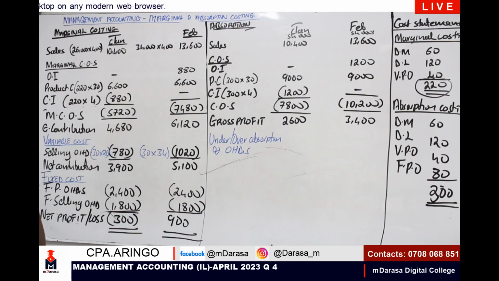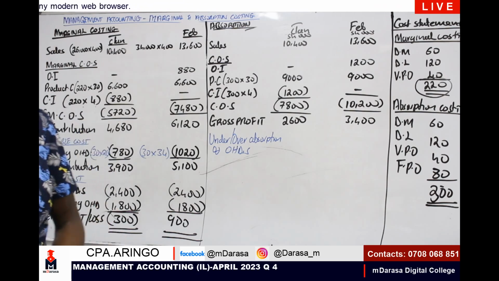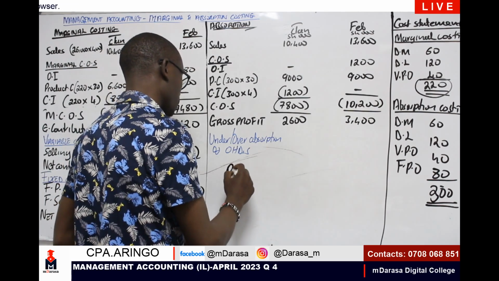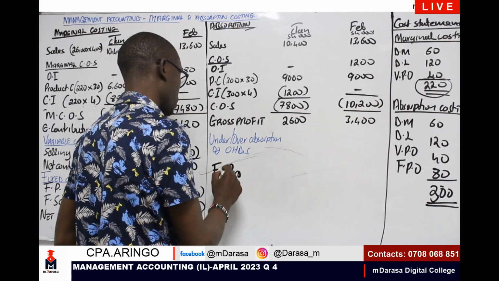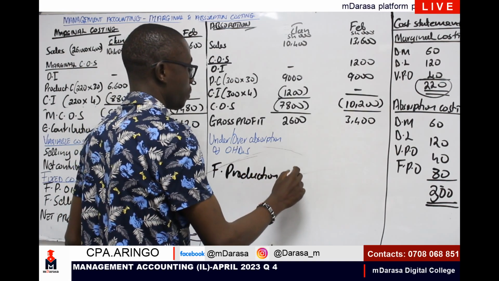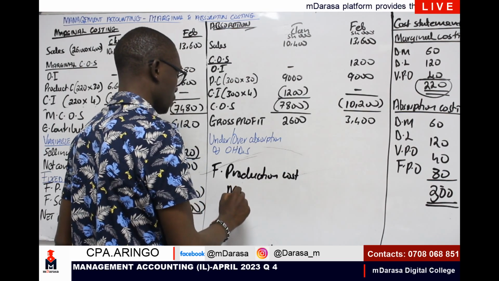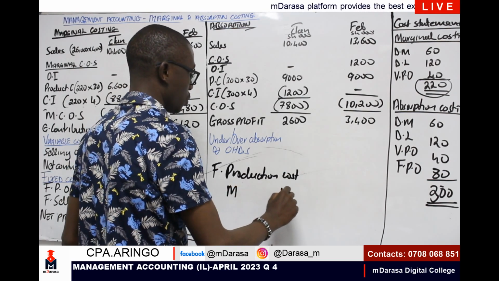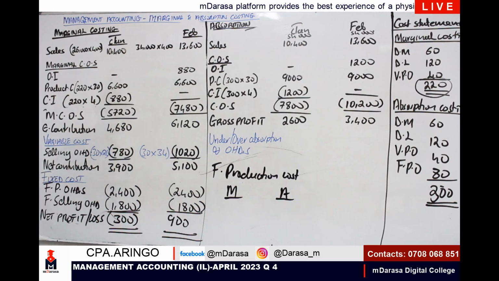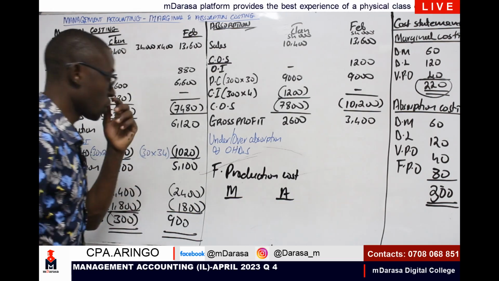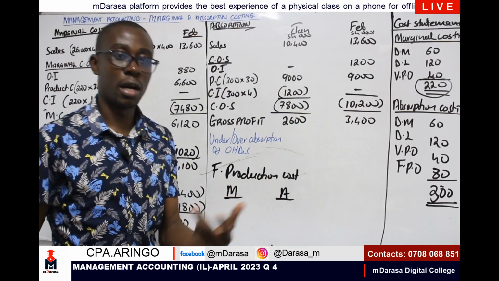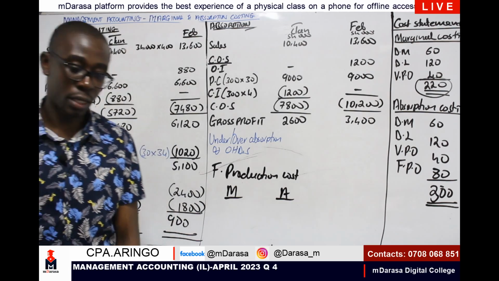And why is Mwalimu saying that this one is going to be very simple? It's going to be very simple because I'll just be comparing our production cost, fixed production cost. I compare marginal and absorption. If at all absorption is more than marginal, therefore I'm having over absorption of overheads.